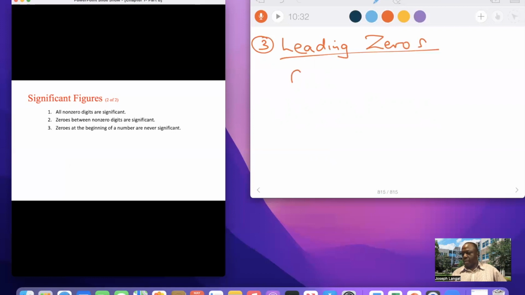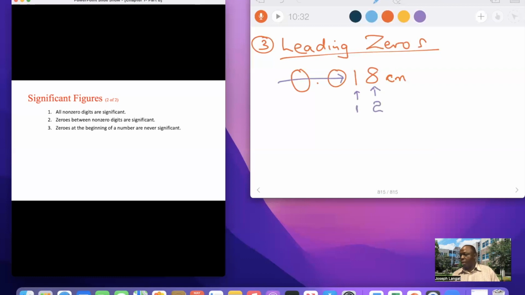A number such as 0.018 centimeters, for example, just gives you a measurement. The zeros here are leading zeros. They do not count. We start counting from here, and we say 1, 2.